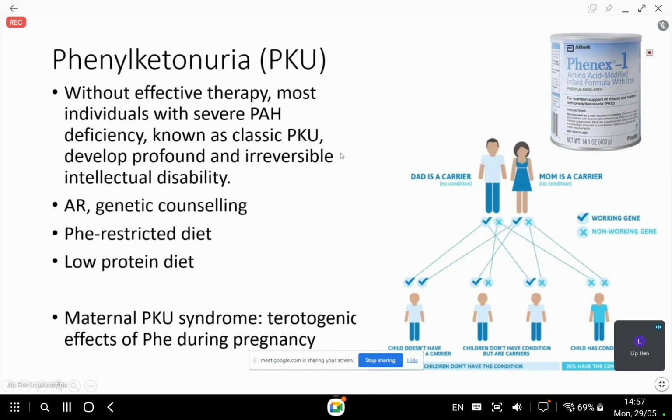For PKU, it's important that they have a low protein diet, and we start them early on a Phe restricted diet. So they need a special milk formula.